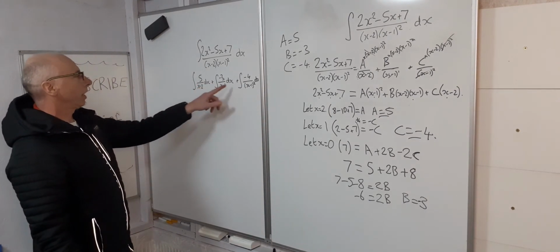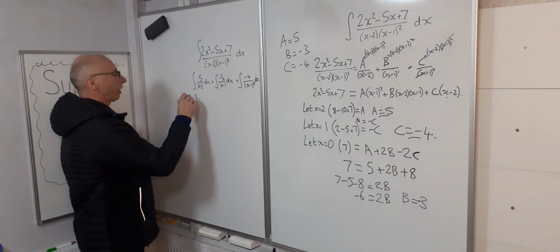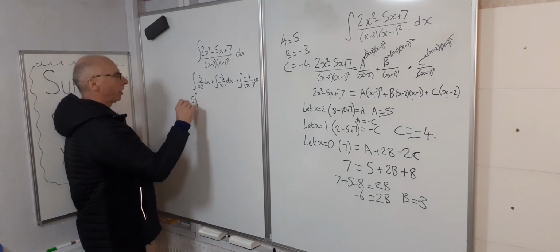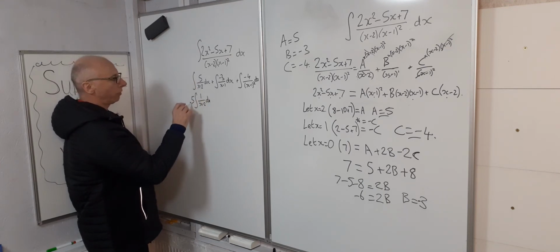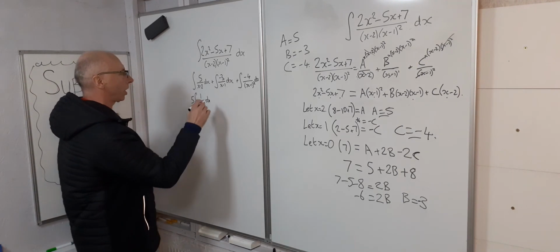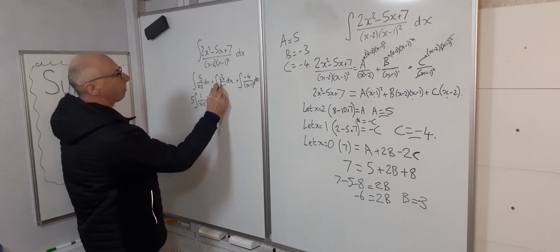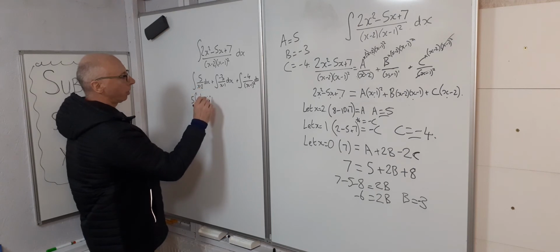Okay, right, let's simplify this even more. So now we got 5 times 1 over x minus 2 dx, bring the 5 out the front, substitute for a 1, 5 times 1, 5, we haven't changed anything. Here we've got minus 3. So let's change this plus to a minus.